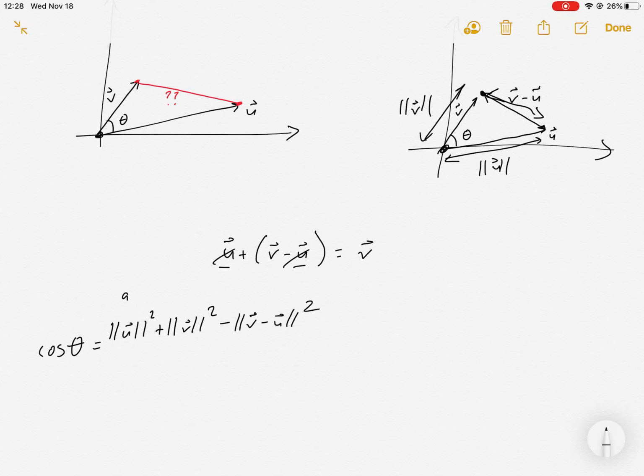So in the law of cosines, it's a squared plus b squared minus c squared. The length of that side is just the magnitude of a vector, so I square it. And then in the denominator, it's divided by 2 times a times b, which is just the magnitude of u times the magnitude of v.